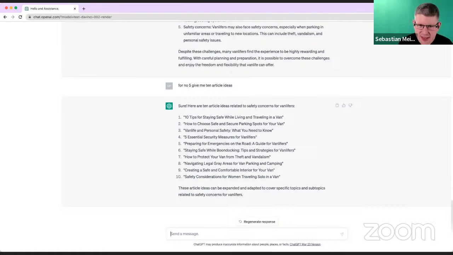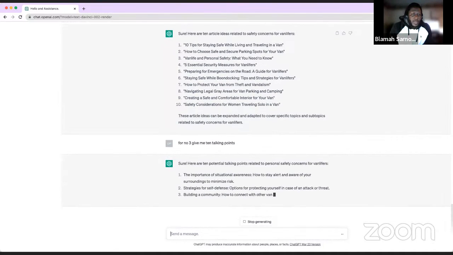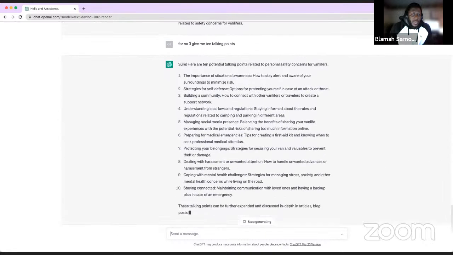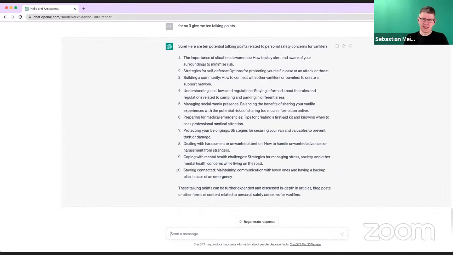And I can even go a step further. Let's say, van life and personal safety, what do you need to know? For number 3, give me 10 talking points. Wow. And now I have a framework for the article to write.